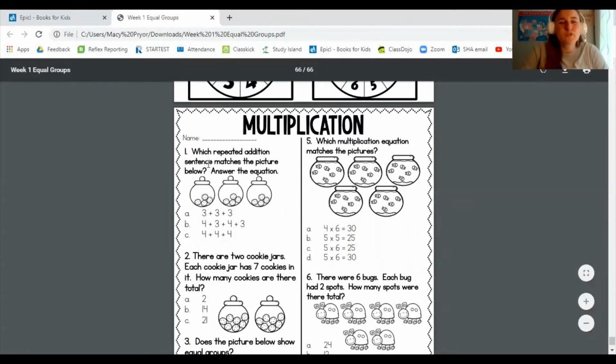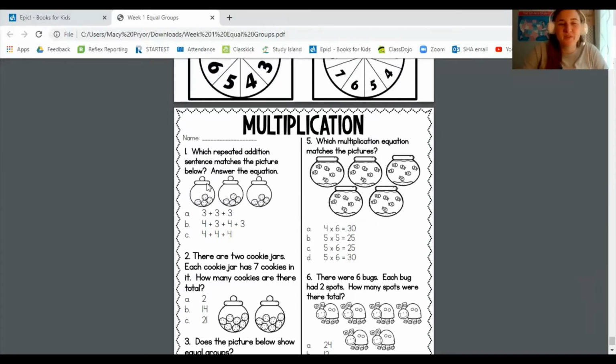Number 1 says, which repeated addition sentence matches the picture below? Okay, so I have 3 groups and there are 4 cookies in each group. So that is 3 groups of 4, or 4 plus 4 plus 4. So my answer would be C.